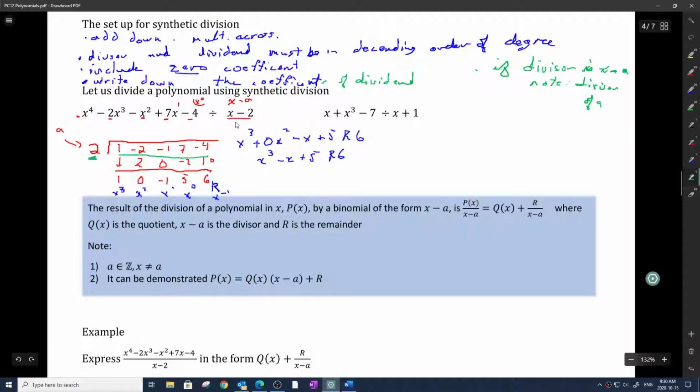Now, generally people say, oh, isn't it just the opposite of what it appears? Okay, I'll concede that if this is -2, I don't know what opposite means. It will appear as the negative, right? The negative of -2 is +2. But really, what is a if it's in x minus a form? Well, a here is 2 because it's x minus 2. Right.